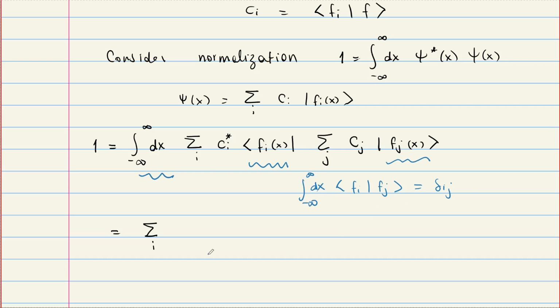So this thing is delta ij, because I put the arguments. And this delta ij is going to kill one of the summations. From here I have the sum of Ci squared is equal to 1. Right? So all expansion coefficients squared add up to 1. That's what it is saying.